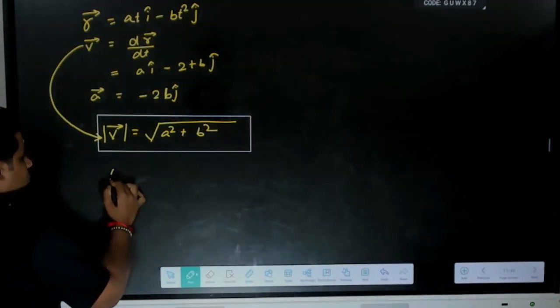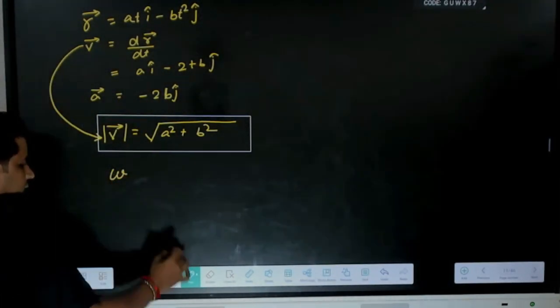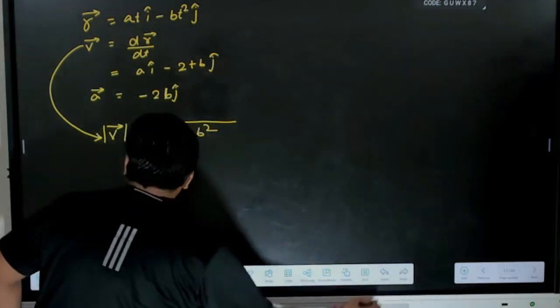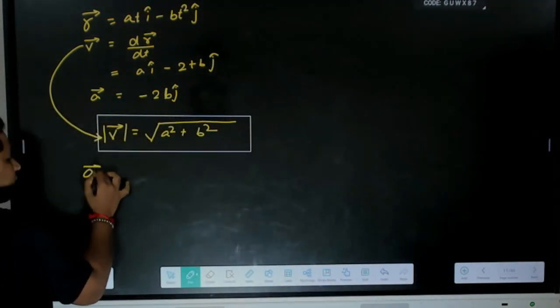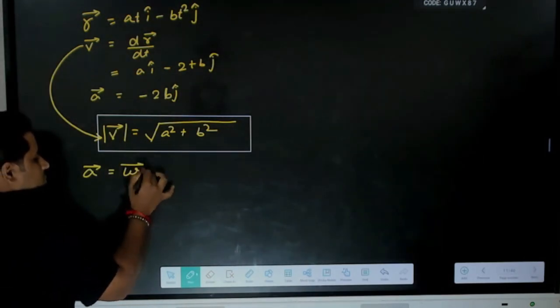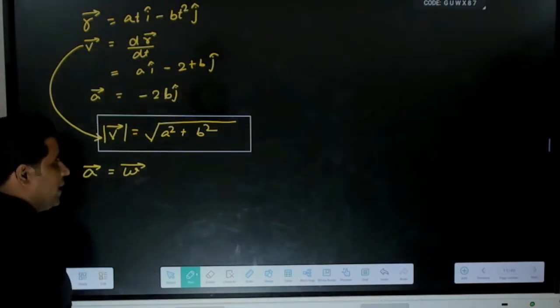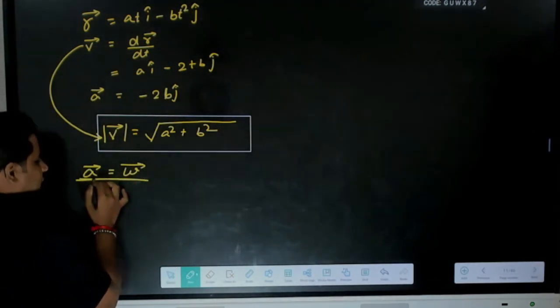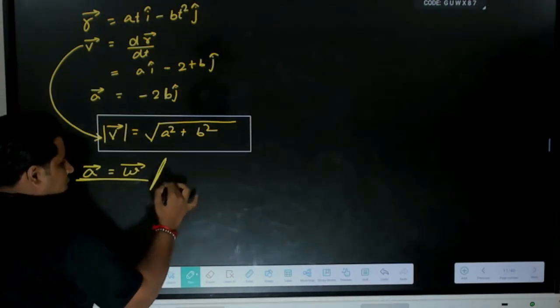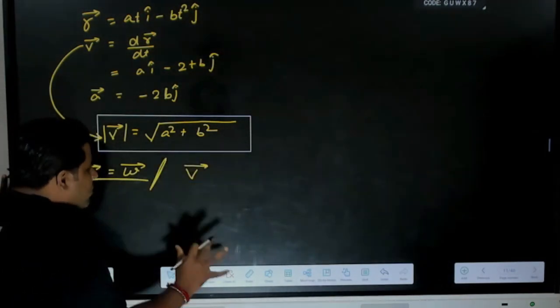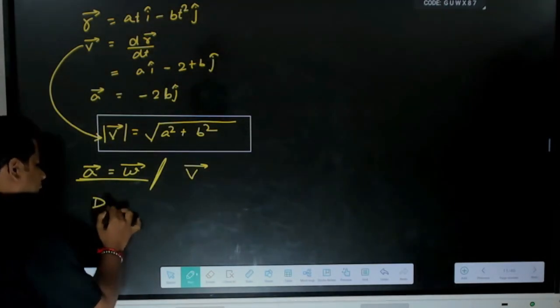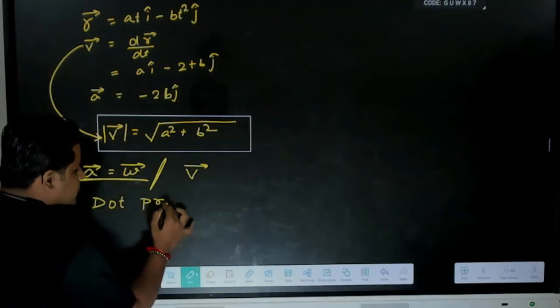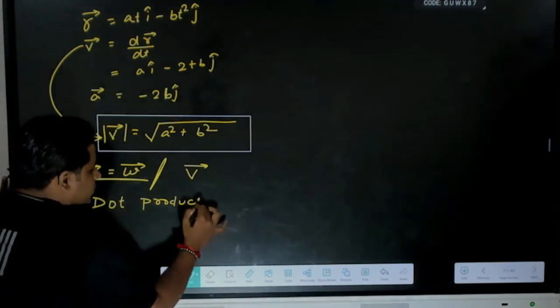In IIT, many times they consider acceleration as the w vector. Okay. So if acceleration is considered as the w vector and the velocity vector has been given, and I ask you to find the theta between them, we can apply the dot product concept.